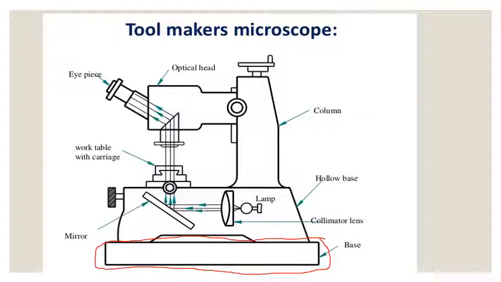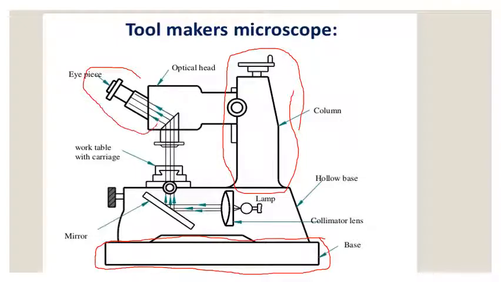It is supporting a column over which the guideways are made for the movement of the optical head in the vertical direction, whereas to the optical head there is an eyepiece through which the observer can observe the shadow of the given object.